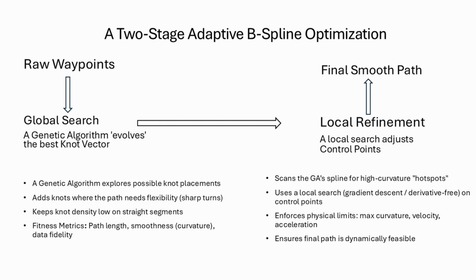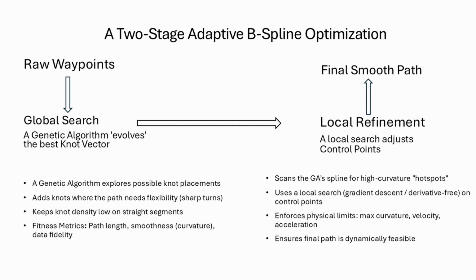However, a global search might still have some minor imperfections. That's where the second stage, local refinement, comes in. Once the genetic algorithm has found the best overall node structure, a more precise, targeted algorithm takes over. It's like a final quality control check.